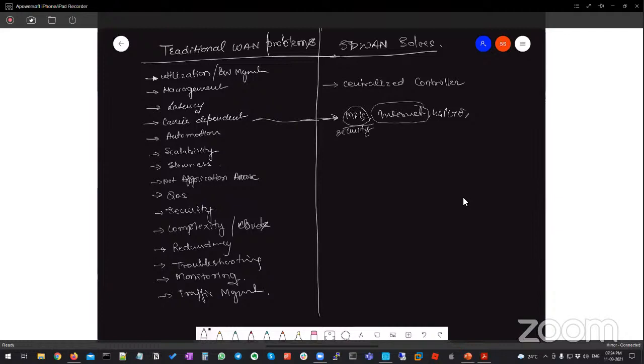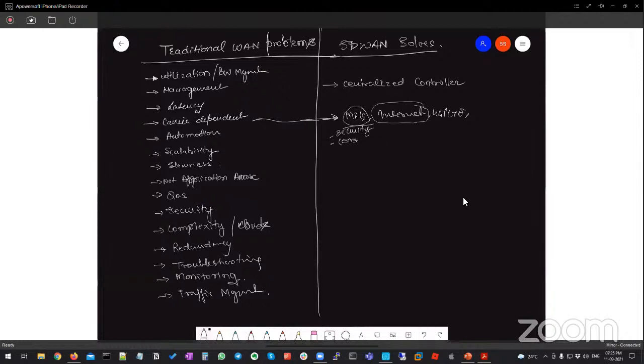Assumed bandwidth. What is in the bandwidth? Assumed bandwidth means committed bandwidth availability. Okay, so yes, I can say committed bandwidth.